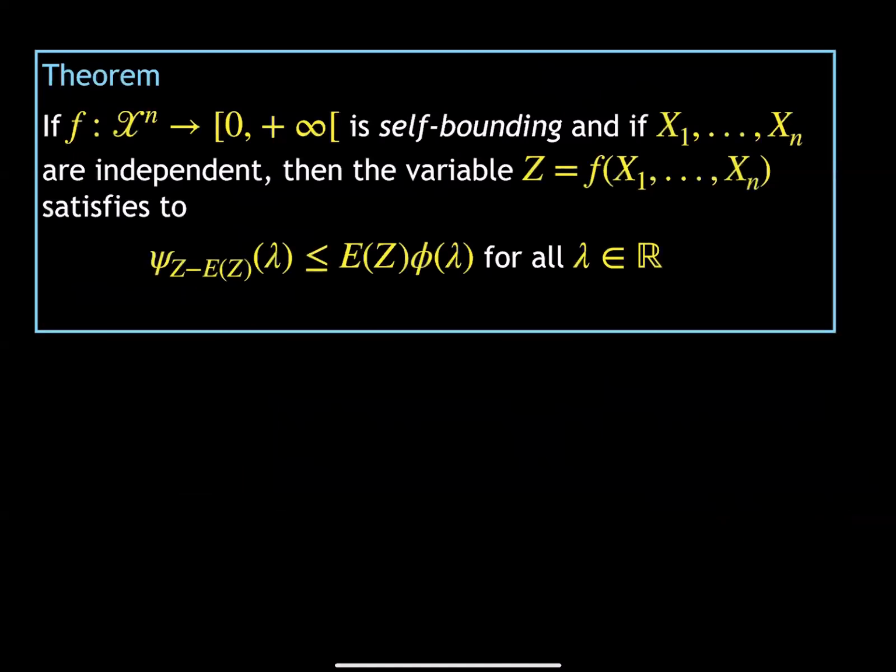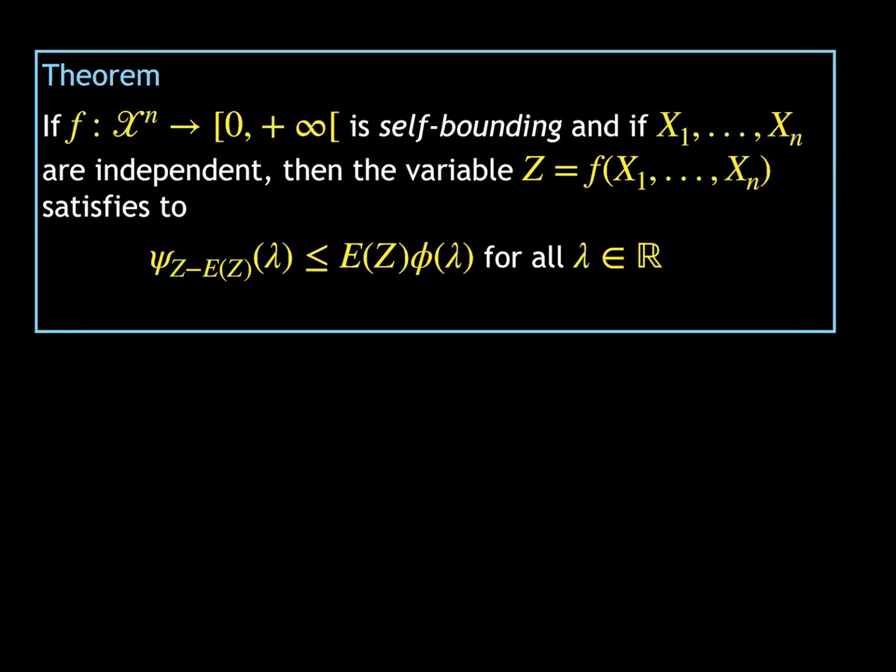So let's see the statement. Assume that f is self-bounding and take, of course, independent variables. Consider the variable Z, which is a function of those variables. It's a function which is assumed to be self-bounding.